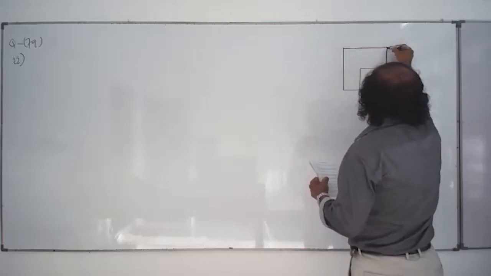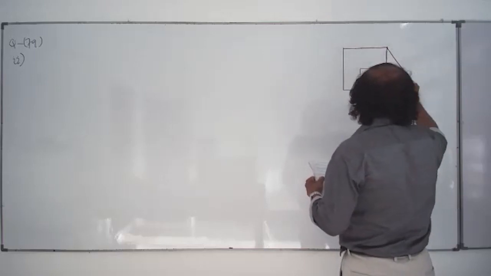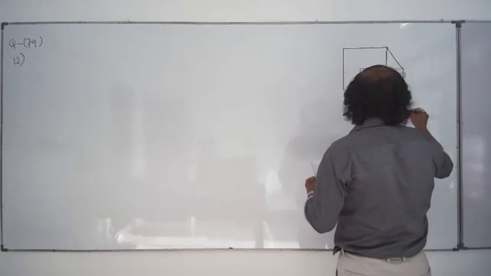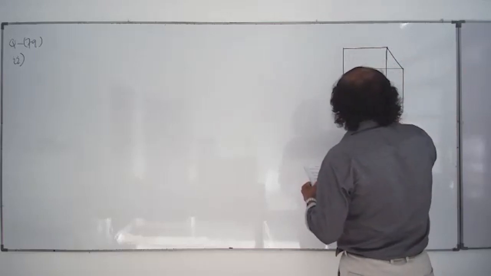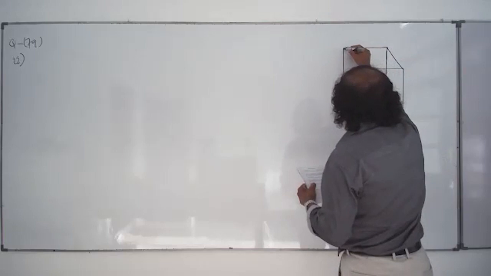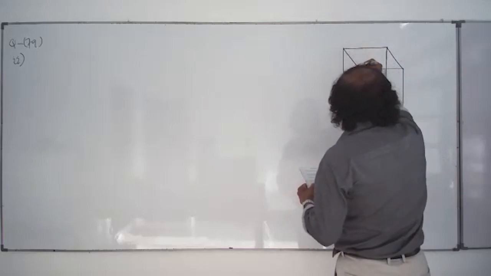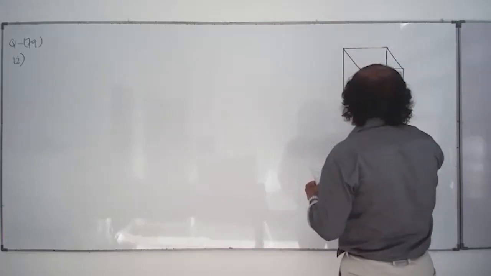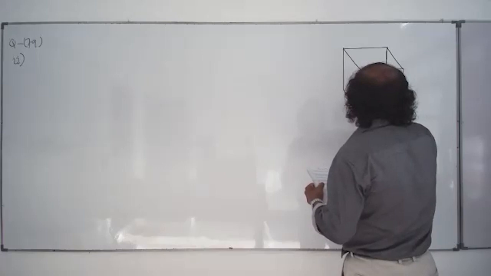In this case, suppose we have a cube with length, breadth and height being equal. Suppose x is each side this way.